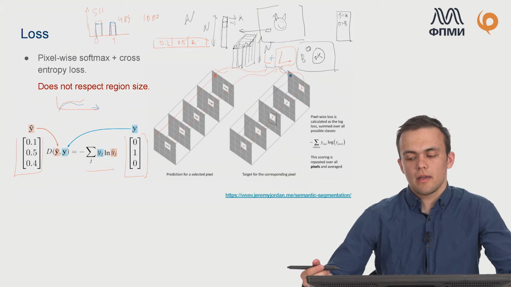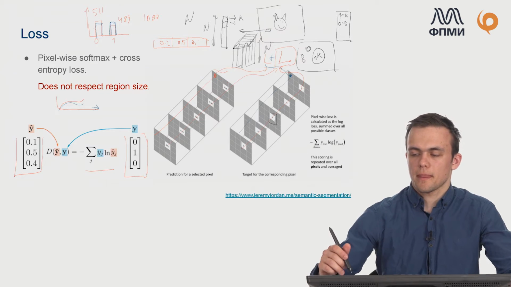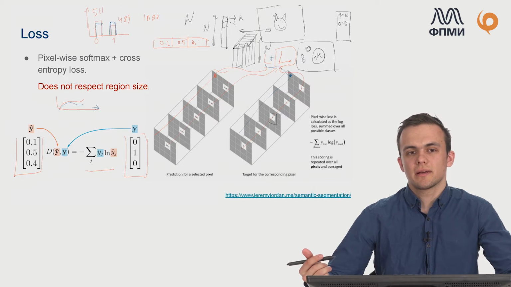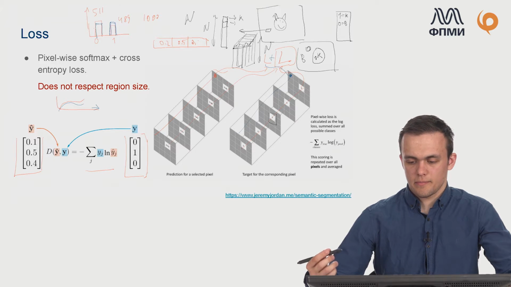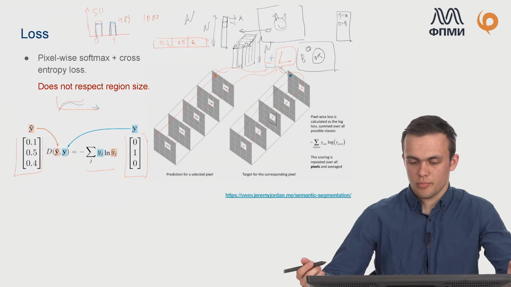So, in the case that you have two objects and one object is big and the second object is small, you probably want to determine whether there are two objects and not be so sure about the particular shape of the big object. It's usually more important to know that there are two different objects, and the size of the object is like auxiliary information that is not so important.